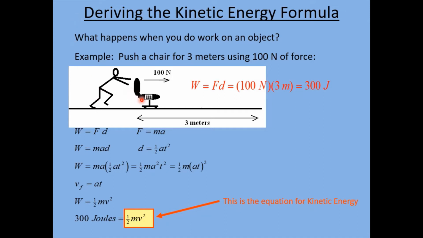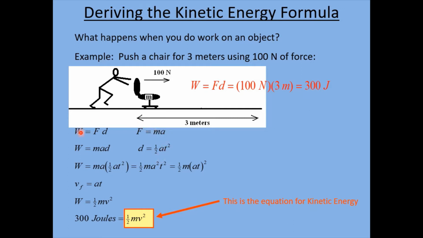Basically, I start with an example of pushing a chair for 3 meters using 100 newtons of force. So we know that work is force times distance. We can use Newton's second law and relate force to mass and acceleration. We also know some kinematics. The distance something moves that's accelerating is given by 1/2 at squared.